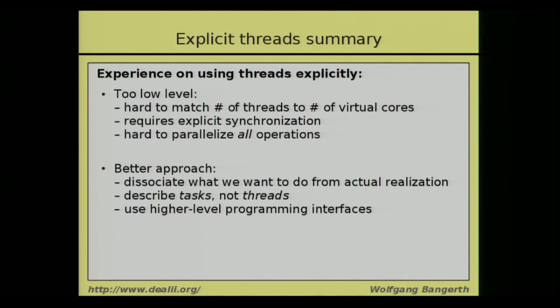And a better approach would be what I'm going to show you next, where we do not try to describe how to do things with threads, but where we describe what should be done. We call this tasks, and it's a high-level programming interface. So deal.II has moved from threads to tasks over the years, and what I would like to do for the last few minutes of this lecture is introduce you to the concept of tasks, because it's actually fairly elegant.